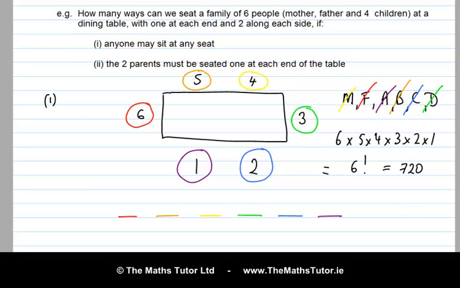So we have 6 different decisions to make. So for the first decision we have 6 choices. Then for the second it's 5, 4, 3, 2 and 1. And we multiply them. So we could do it out like that if we wish. And remember, it doesn't really matter which seat we decide to fill first. So we could do this in a completely different order.